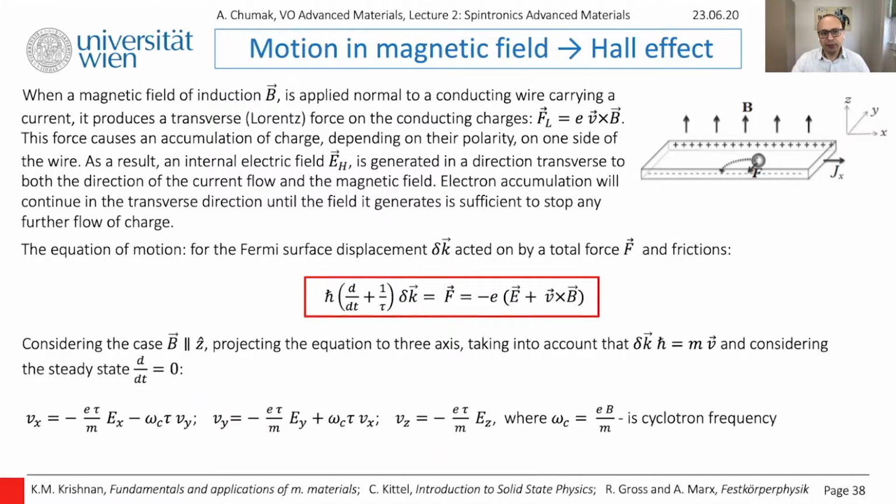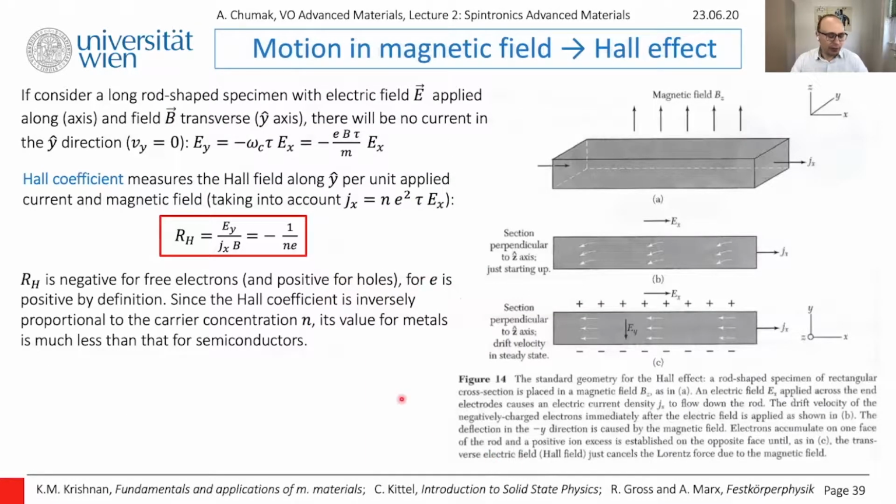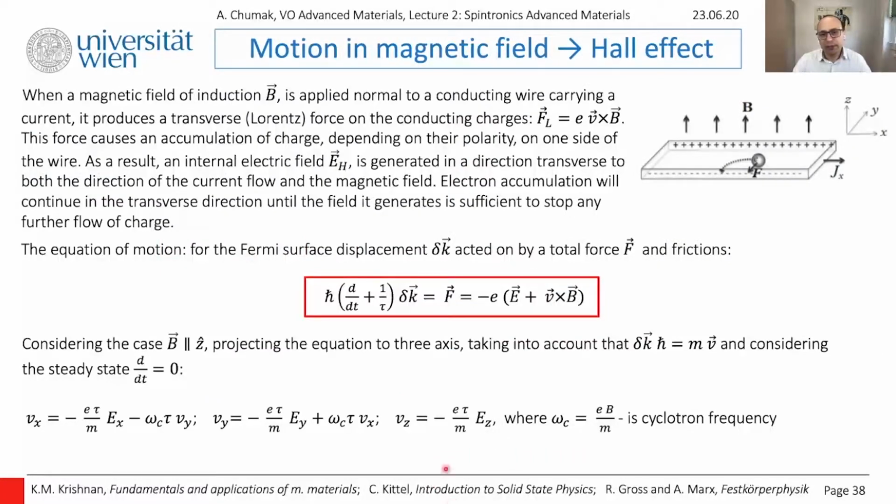Having this, we do the next very little trick. Since we are speaking about steady state, we do not have any more motion of electrons along the y direction, because the electric field is blocking it, so it's already compensated with the Lorentz force.